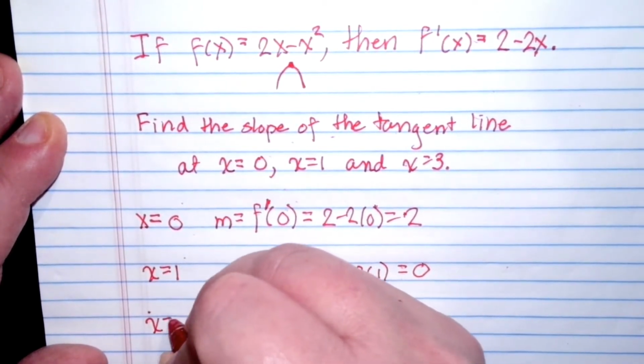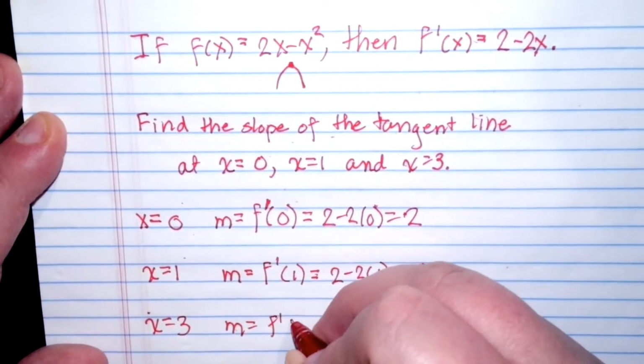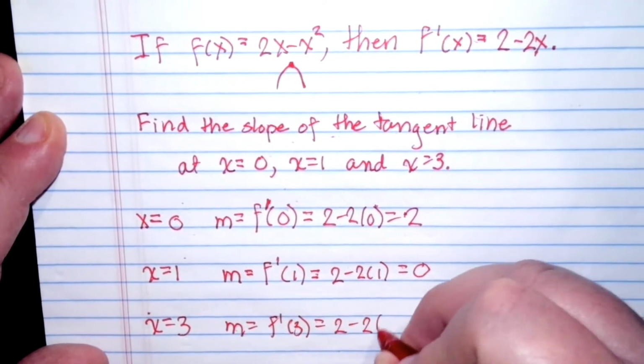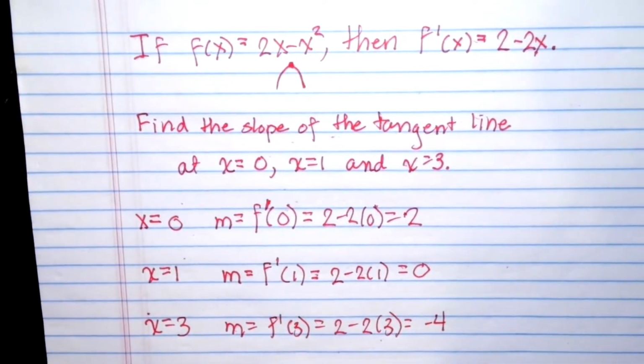And at x equals 3, the slope is f prime of 3, which is 2 minus 2 times 3, which is negative 4.